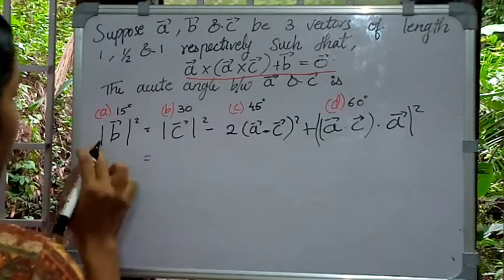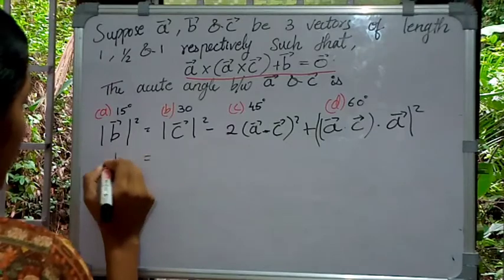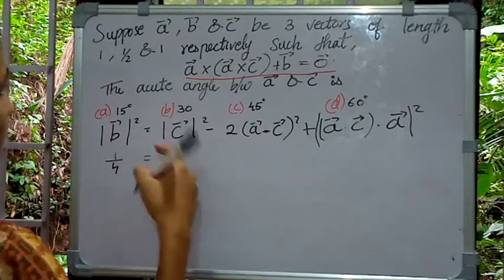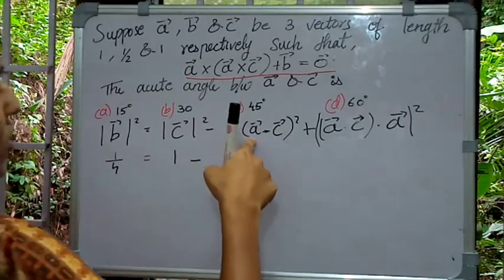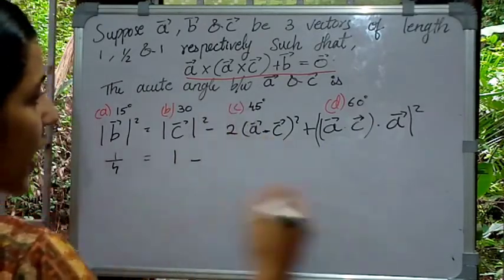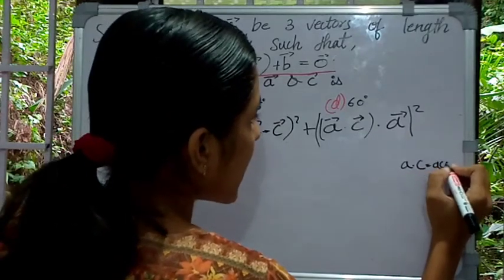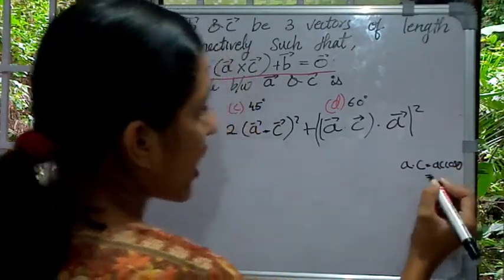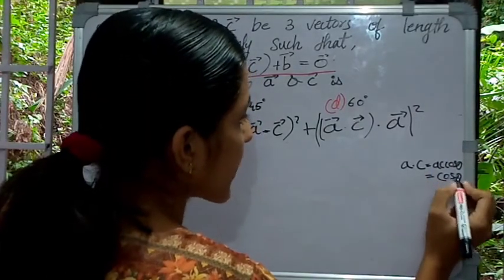So we get value of vector B is 1 by 2, 1 by 2 square is 1 by 4, and C is 1, so 1 square is 1, and the remaining is 2 into A dot C. Value of A dot C is AC cos theta. As the values of A and C is 1, we get A dot C as cos theta.